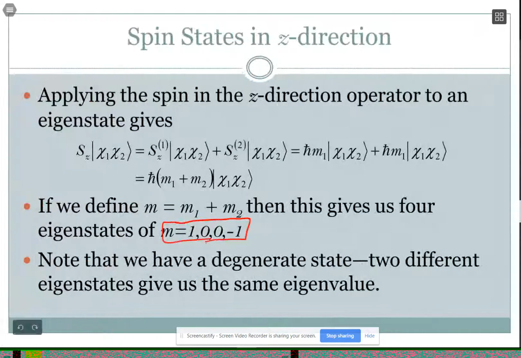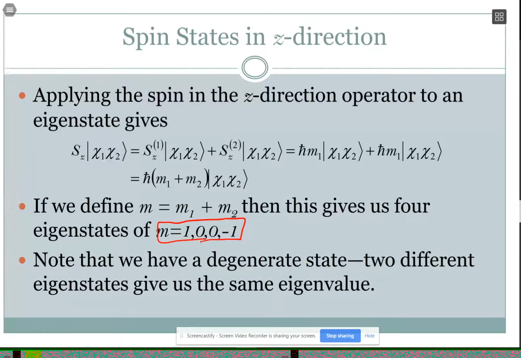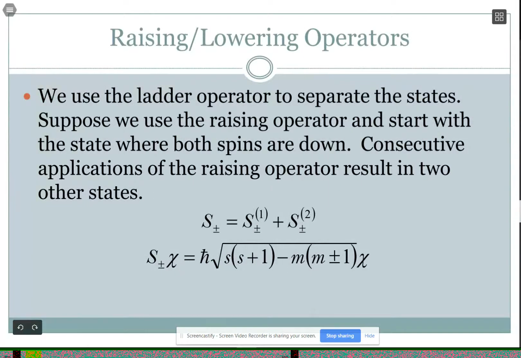If I want to calculate my ladder operators, my S plus is going to be S1 plus plus S2 plus. My S minus is going to be S1 minus plus S2 minus.